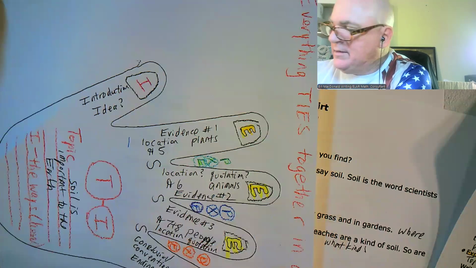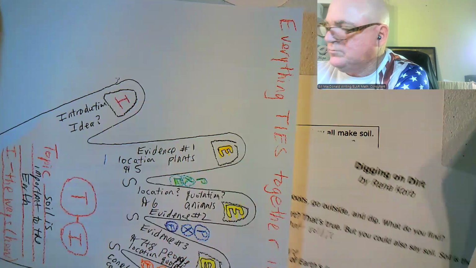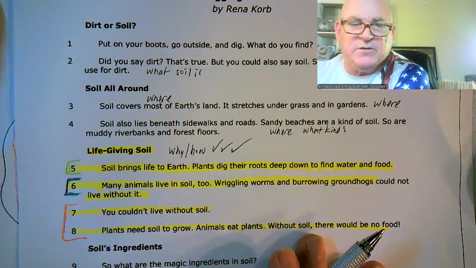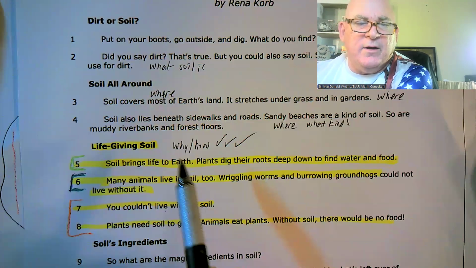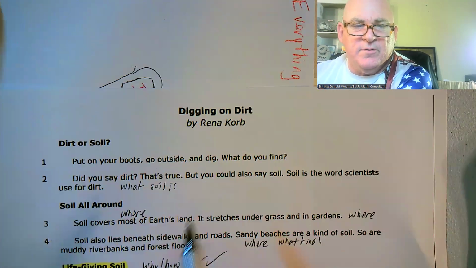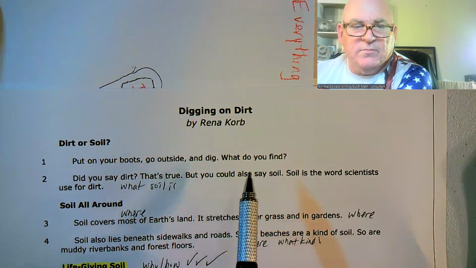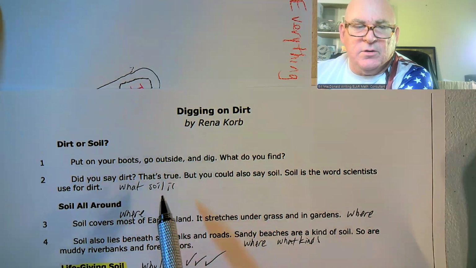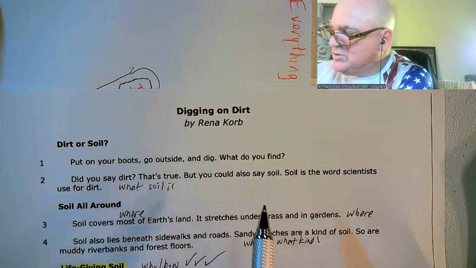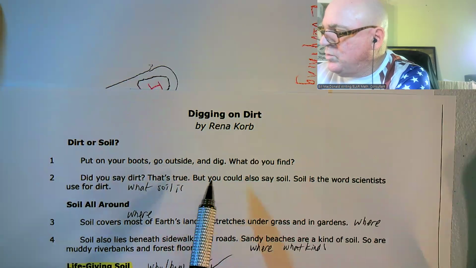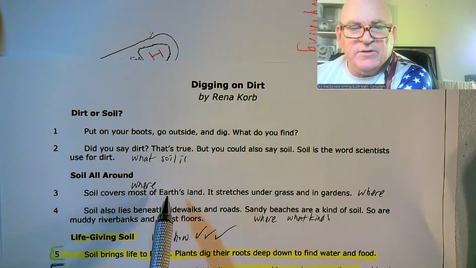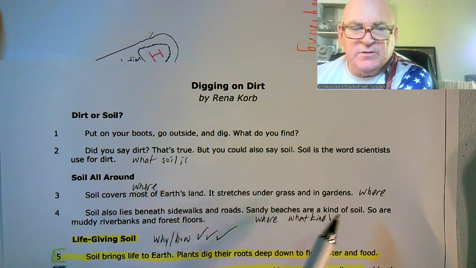So when I looked up in the passage, because the idea has to be based on evidence, when I read the first paragraph, basically it said for me to do something and ask me a question. Paragraph 2 was what soil is. They didn't ask me what soil is. They asked me why or how it's important. Paragraph 3 was saying where soil is.